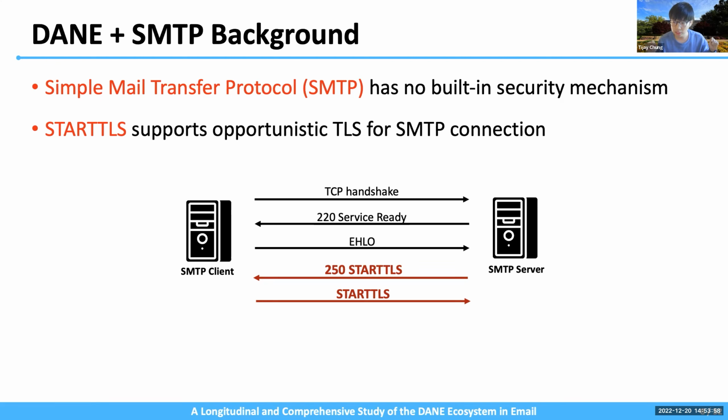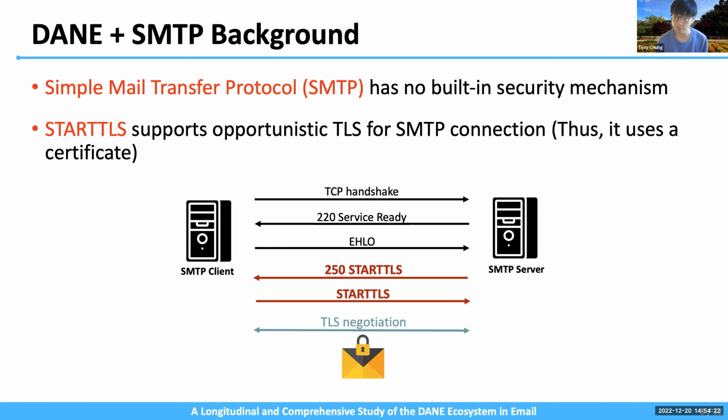Okay, so StartTLS is designed to be opportunistic, right? As you can tell from its terminology, it is opportunistic. If the client supports StartTLS, it's fine. If it does not, it is also fine, right? So it has no impact from an operational perspective. Anyway, the server sends the StartTLS command, and if the client supports it, then it can jump into the StartTLS negotiation as we covered.